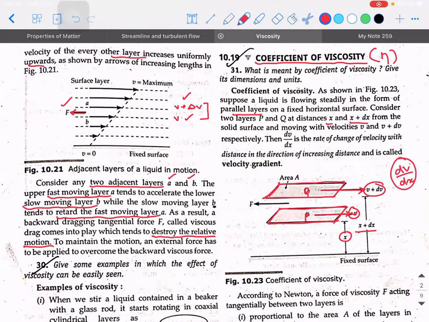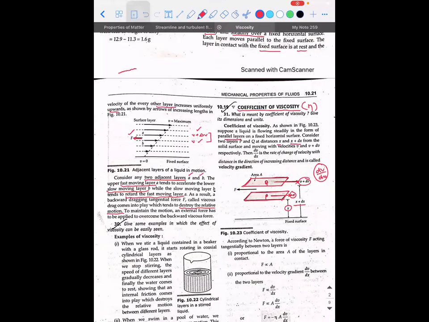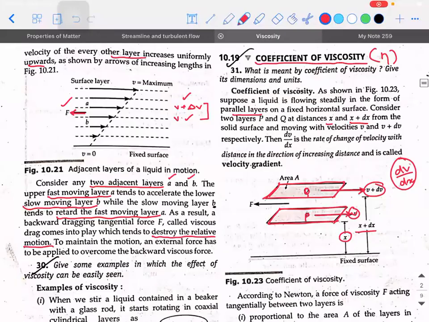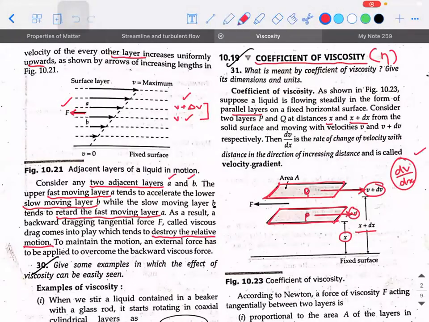I've already told this also. If you calculate any physical quantity with respect to time, we call it rate. If you calculate any physical quantity with respect to distance, we call it gradient. So this is called velocity gradient.